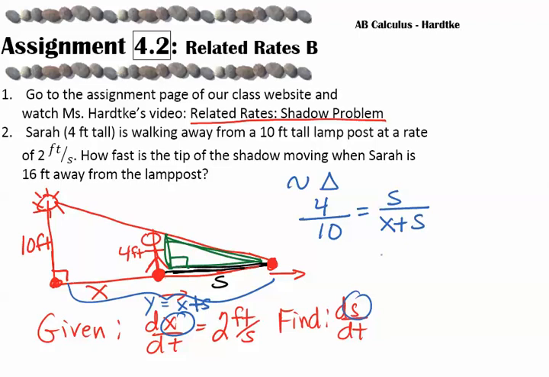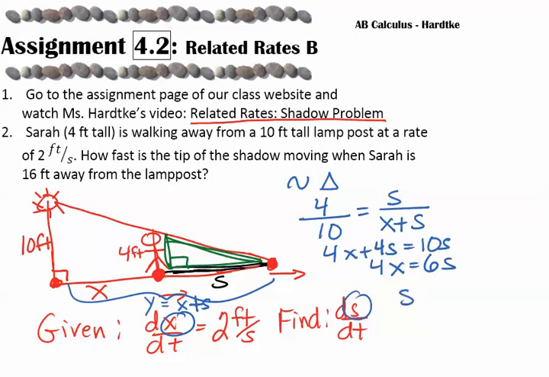And you could call that y, but then I think you're going to end up changing it anyway in your next step. So I want an equation with x and s, and if I cross multiply in our proportion here, this is going to simplify to be a super easy problem.